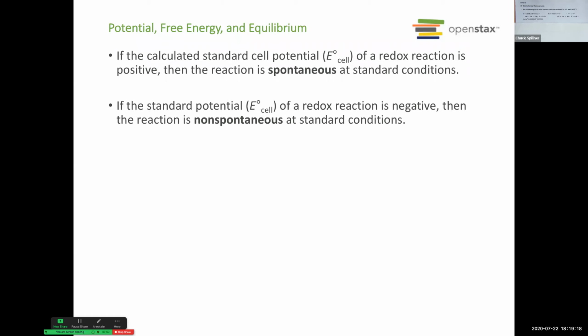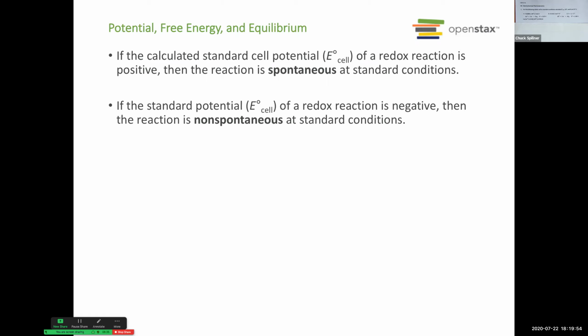Previously, in the last section, we said that galvanic cells with a positive cell potential lead to spontaneous reactions. And in fact, if you set up a galvanic cell with a negative cell potential, it wouldn't operate the way you've set it up. It would go backwards. So cells always operate in the direction where they have a positive cell potential.